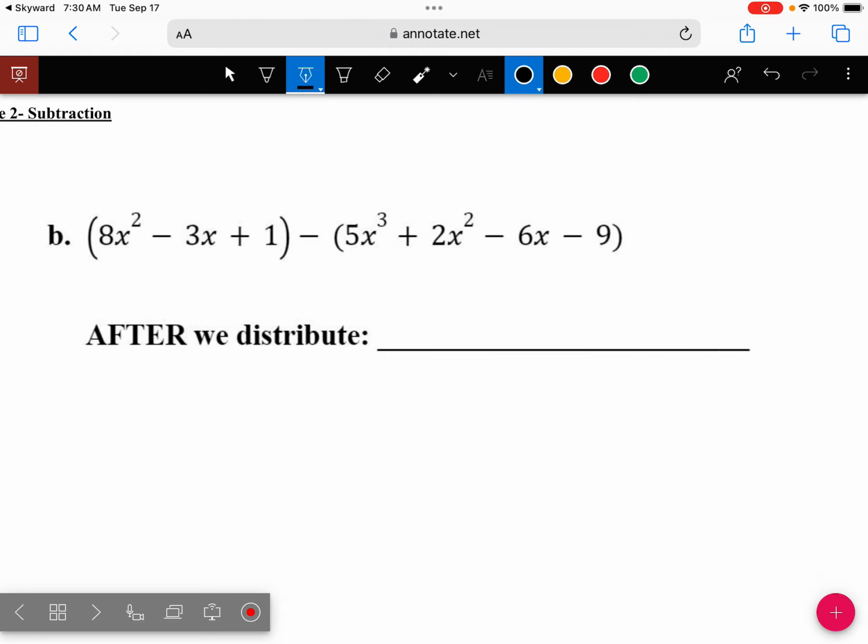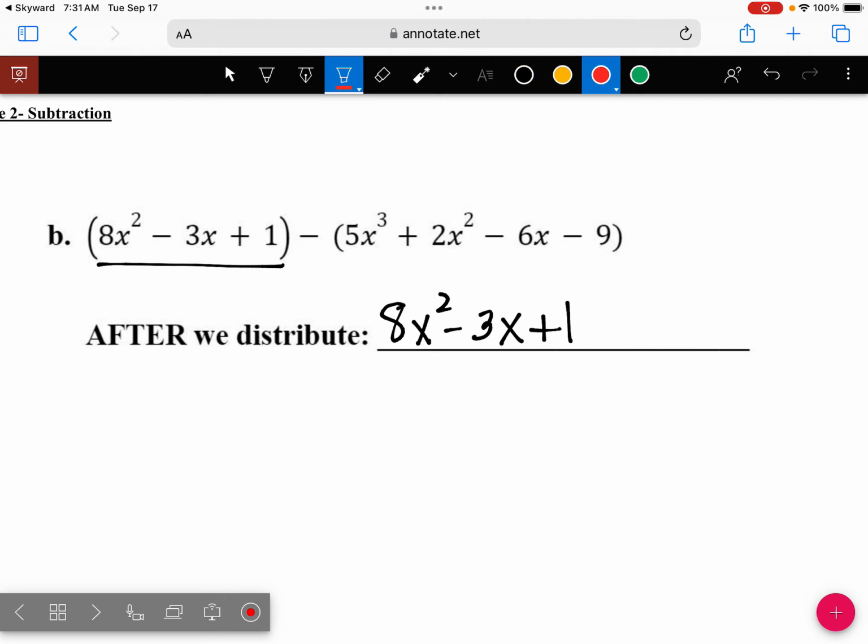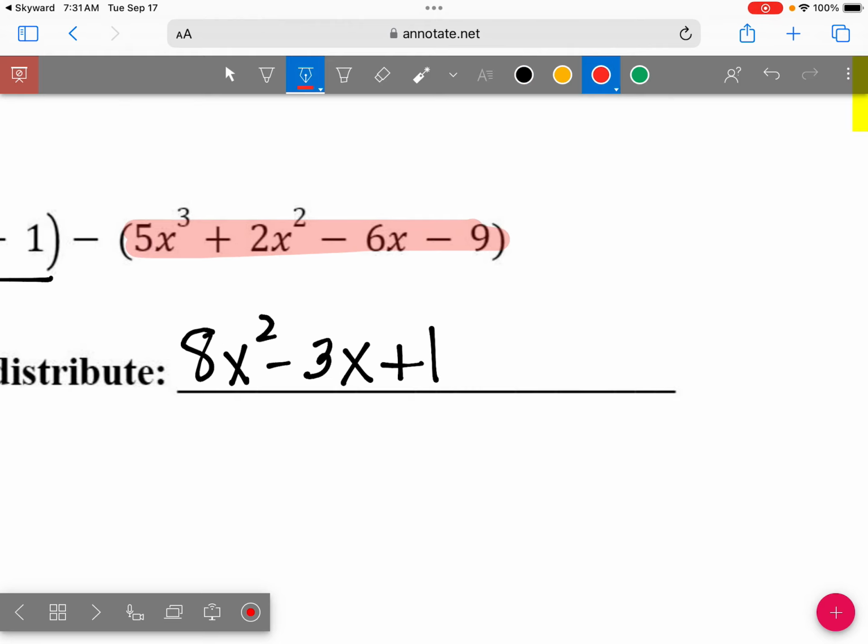Let's go ahead and do our distribute. So again, this one stays the same. We're just going to rewrite it on the line. Don't change anything. And every single sign in this parentheses is going to flip. Every single sign. So that positive 5x cubed will become a negative 5x cubed.